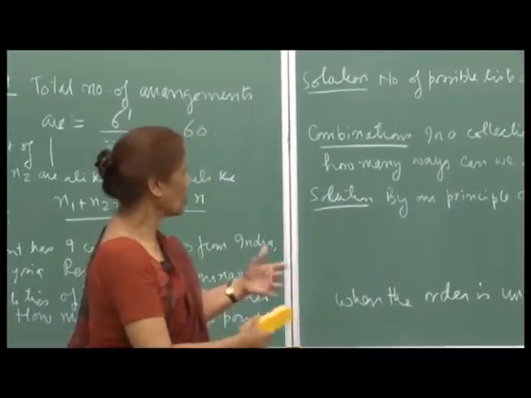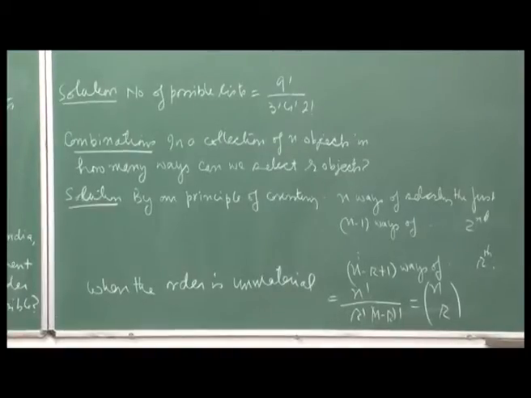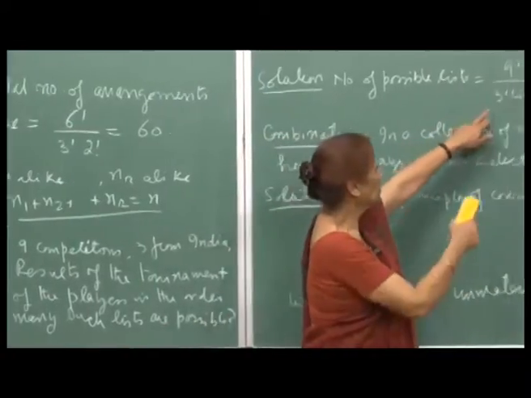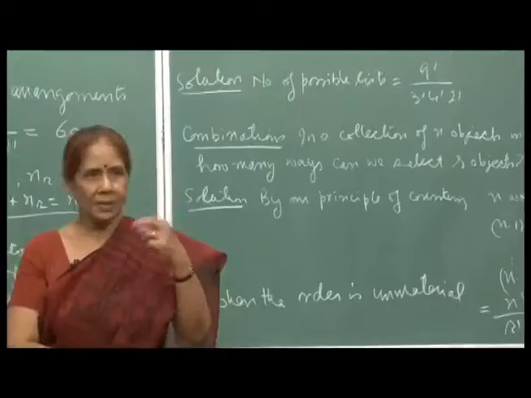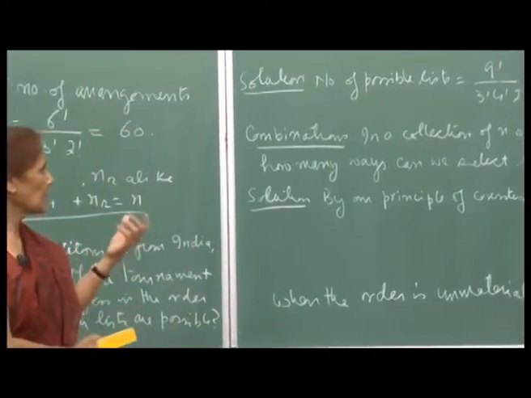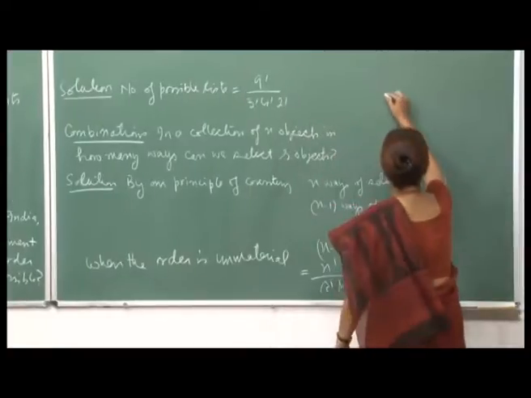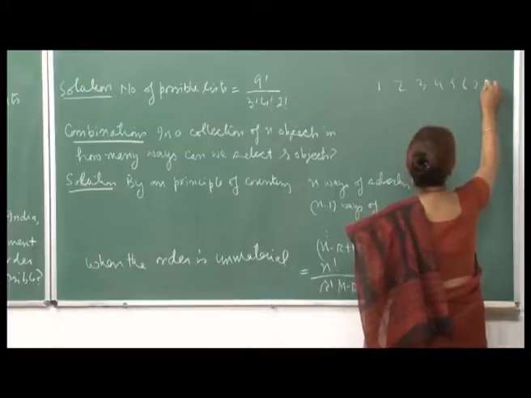So, the 3 Indians can occupy any of the positions, and they will be the same. That means there are 6 lists in which the 3 Indians occupy different positions, in the sense that I just rearrange the positions. Suppose you consider the first position, second, third, fourth, fifth, sixth, seventh, eighth, ninth.